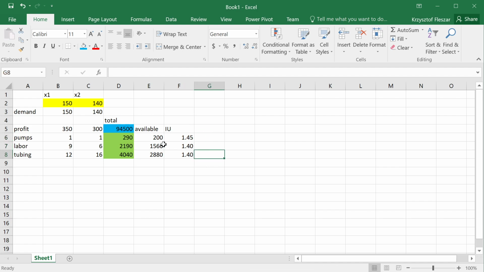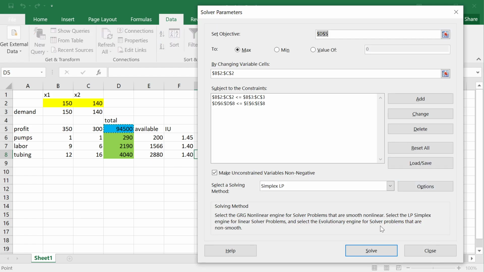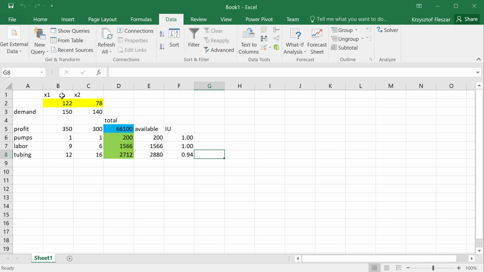However, when we solve this problem to optimality, let me solve it once again, right? When we found the solution 122 and 78, you see that now, of course, this is no longer implied utilization, this is now utilization, right? The utilization for pumps and labor constraints are 1, but for tubing, it's 94%, right?